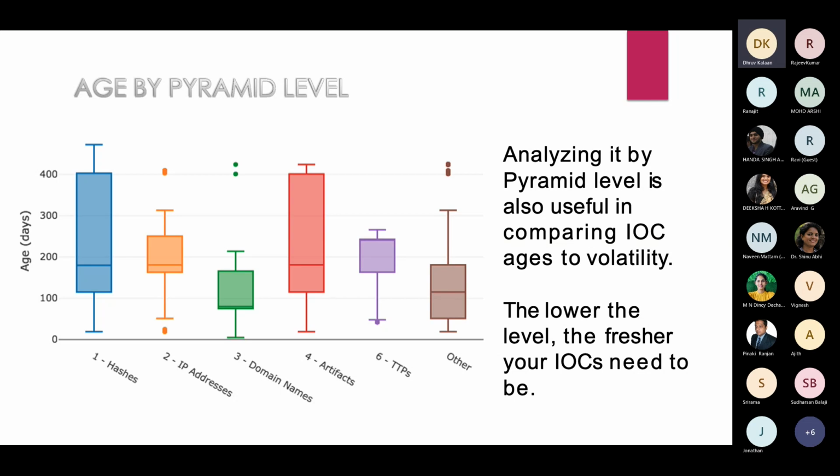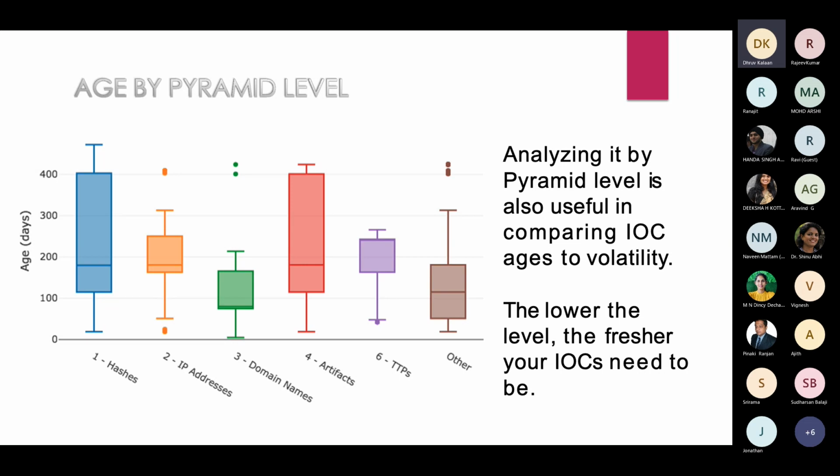Another thing you can chart out is around the TTPs that you have or the pyramid of pain values that we keep, and we chart out the age for those. What you will note here is the age compared to the volatility of those things to change.